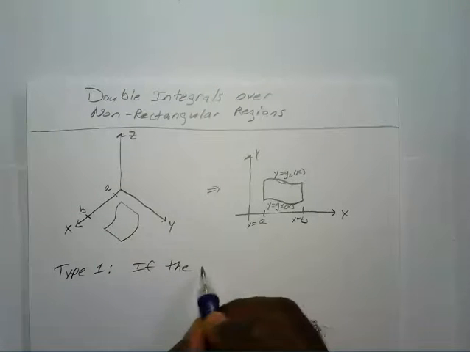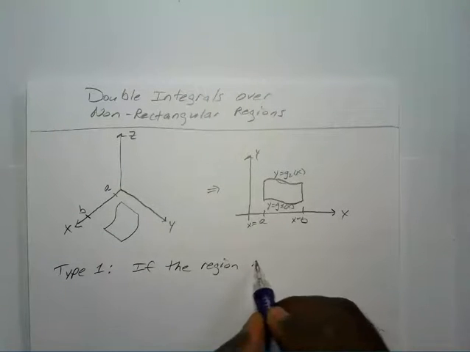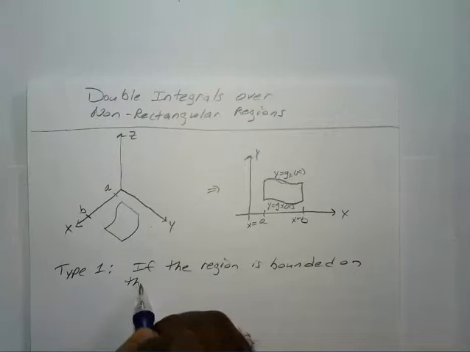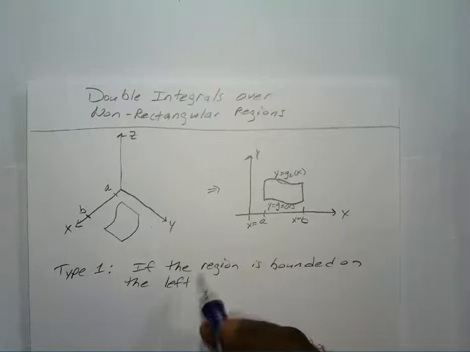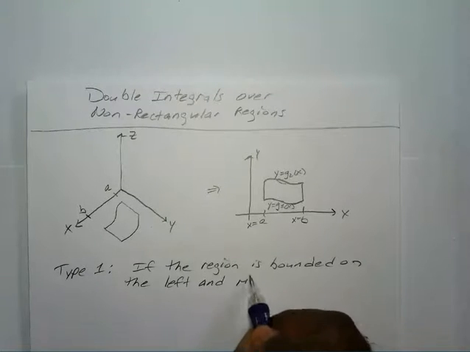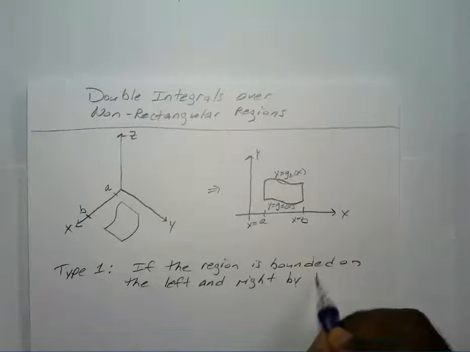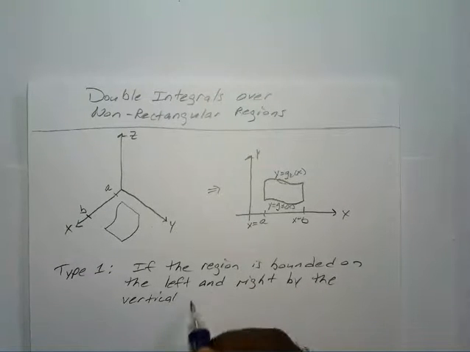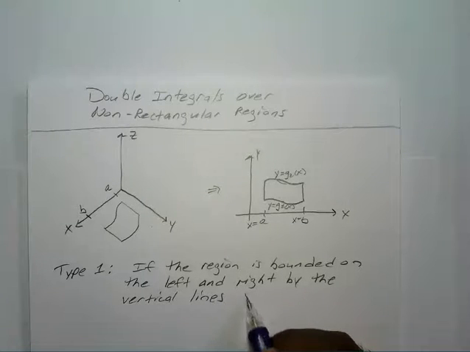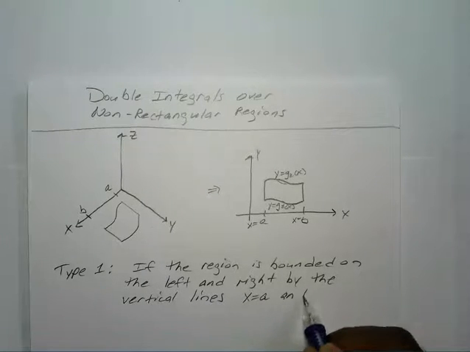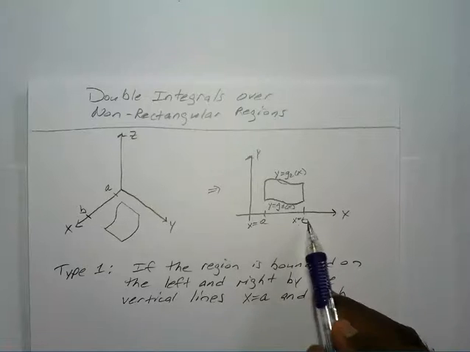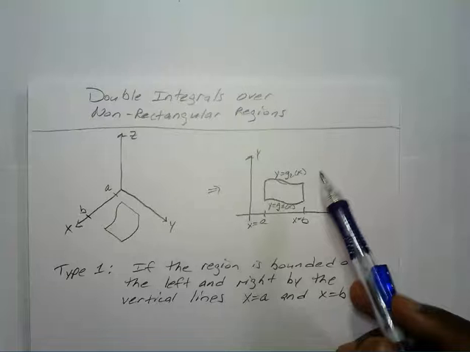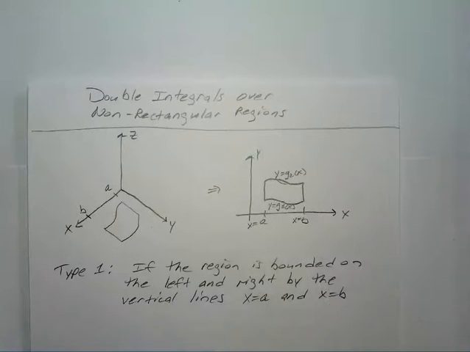So if the region is bounded on the left and right by the vertical lines x equals A and x equals B, which is what we have here, and below and above by two functions of x.